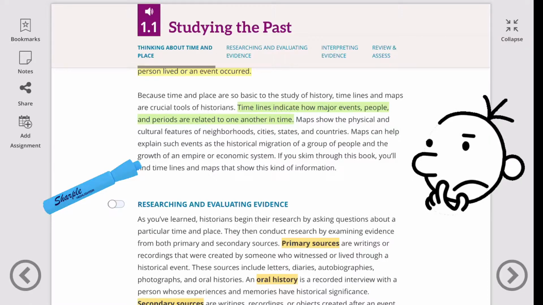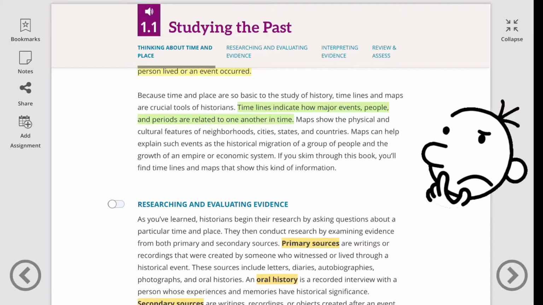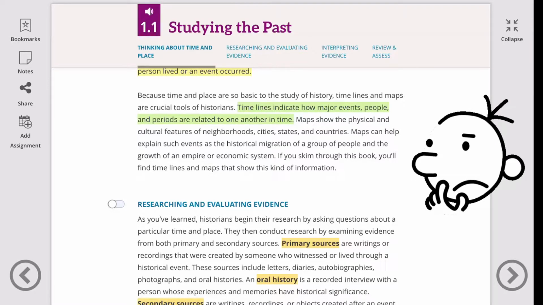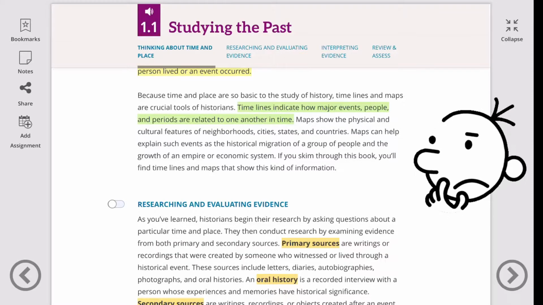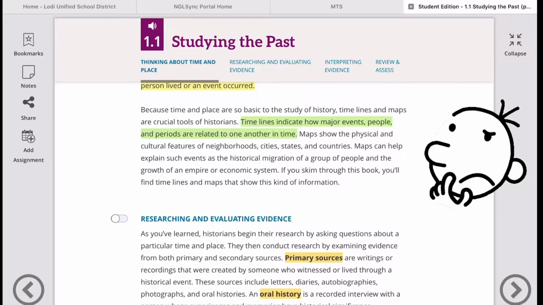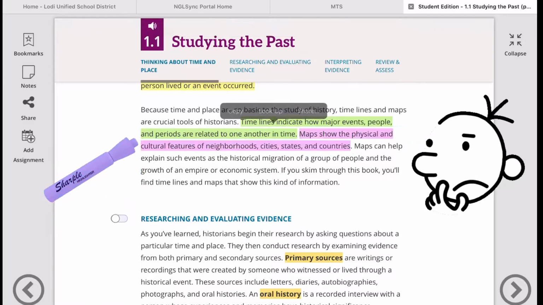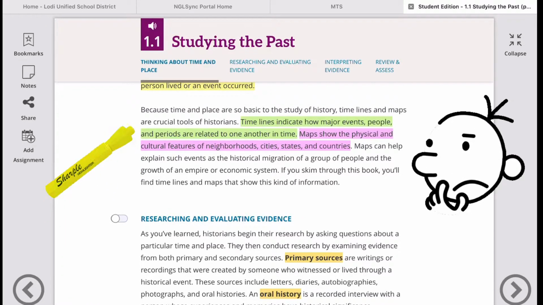Maps show physical and cultural features of neighborhoods, cities, states, and countries. They can explain how such events as historical migration of a group of people and growth of an empire or an economic system happened and spread across various places. If you skim through this book, you will find timelines and maps that show this kind of information.